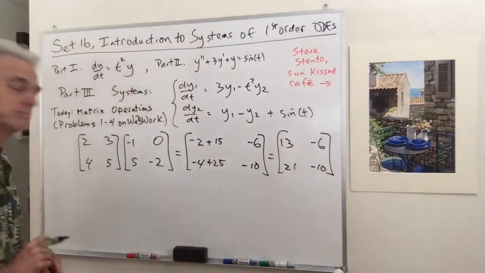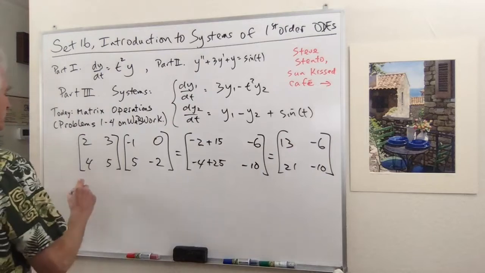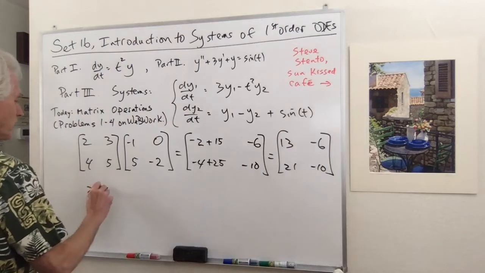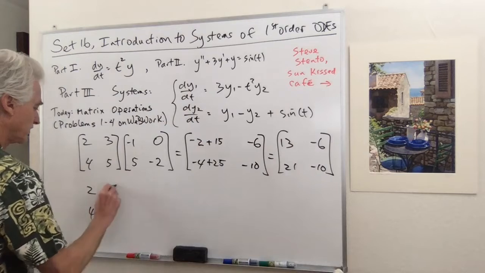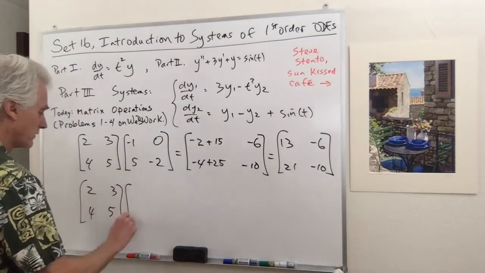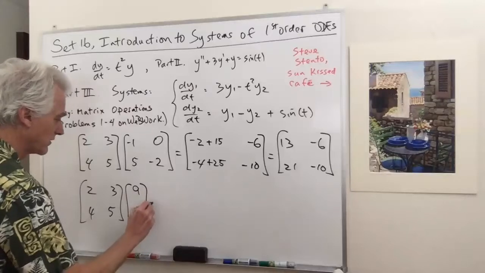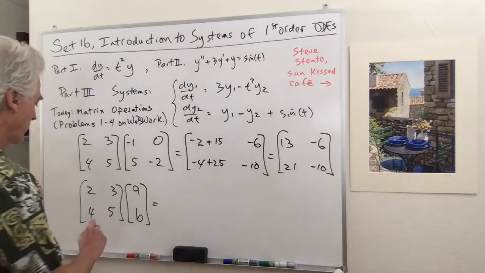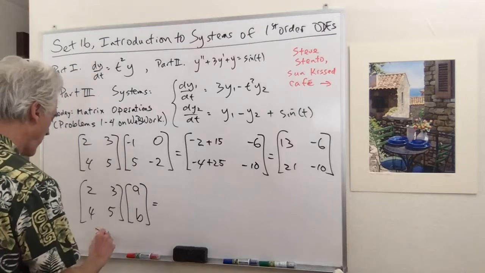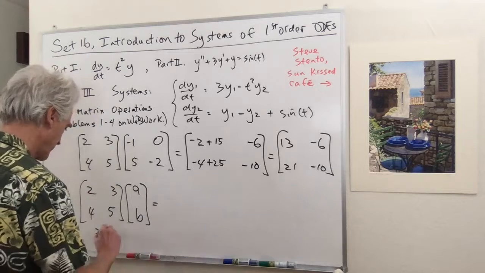Okay. All right. Let's do another example. 2, 3, 4, 5, and for general, let's leave the a and b as variables, not as numbers. Okay. So let's see, does this work? This is a 2 by 2 matrix.